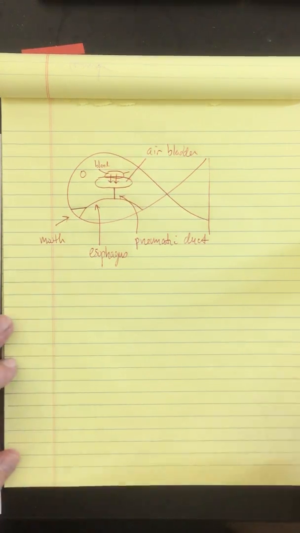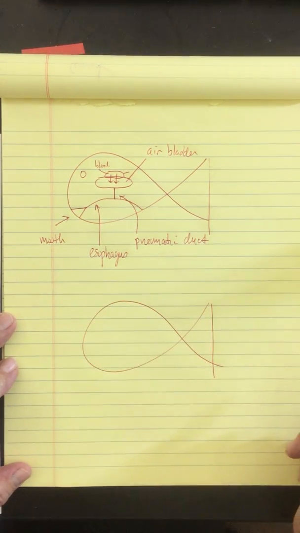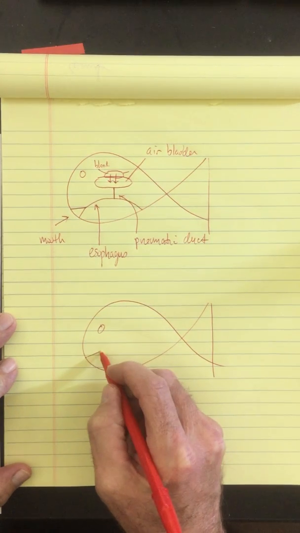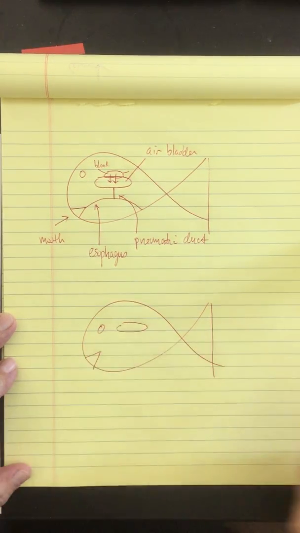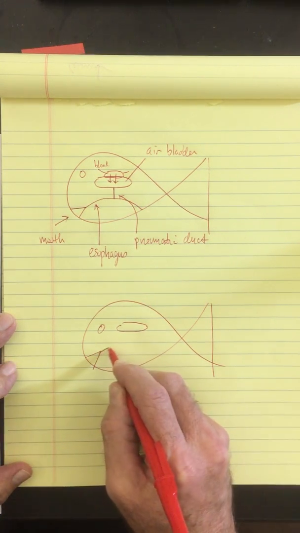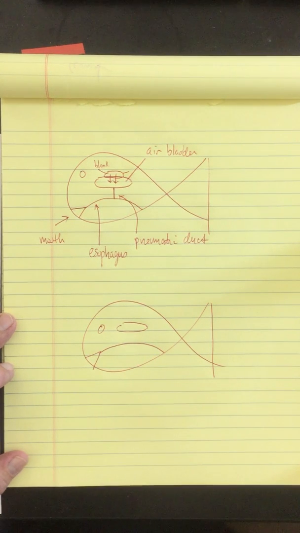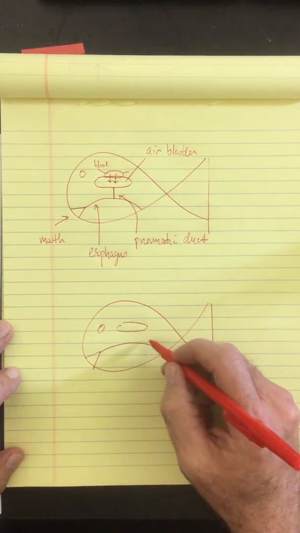Now the physoclist, you can draw your fish in the eye, mouth. Don't need to rename the air bladder. And here's the esophagus, stomach, anus. But you'll notice there is no pneumatic duct.